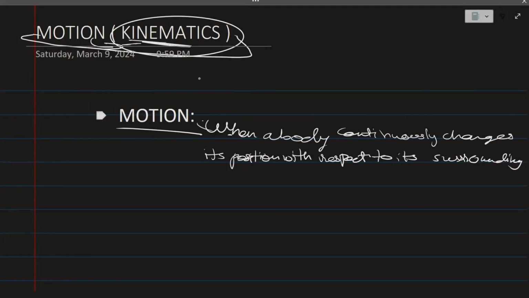So this is known as motion. This is the definition of motion. So you guys have to note these points because these are some very important points.